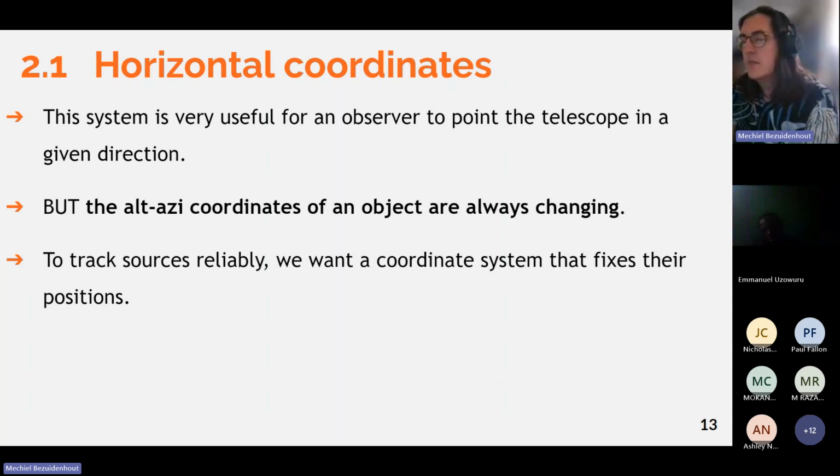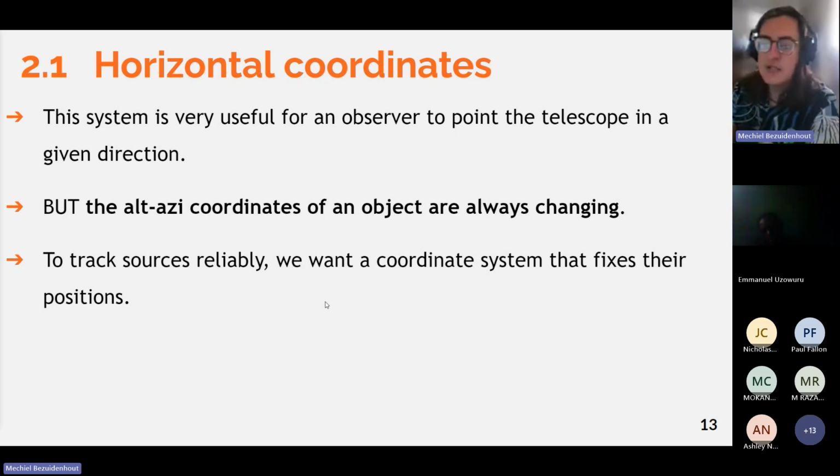The drawback of the system is that objects are always moving with respect to it. The coordinates are defined with respect to the observer, but objects in the sky, their coordinates will always be changing in the system.